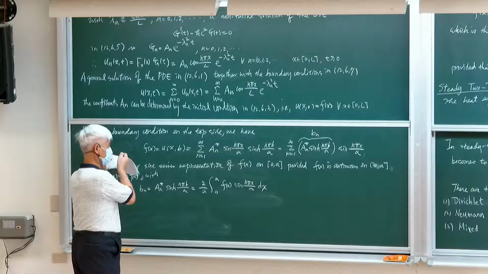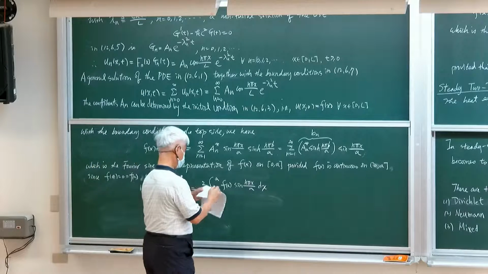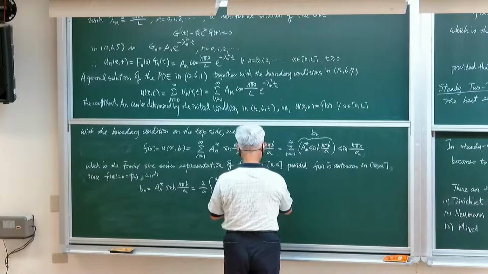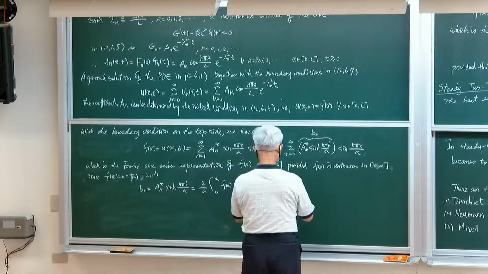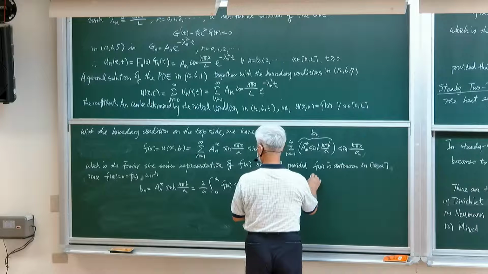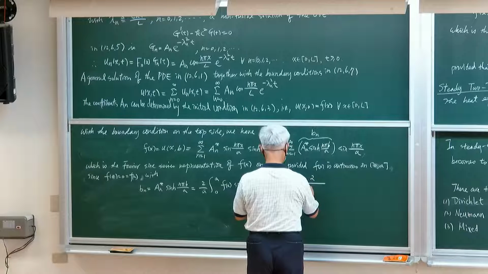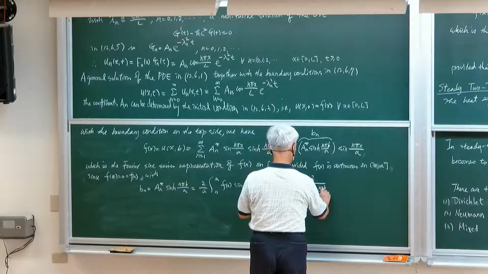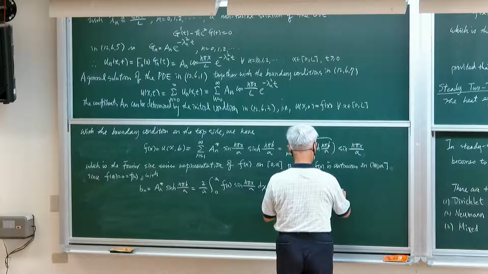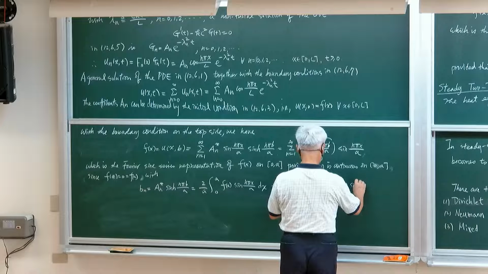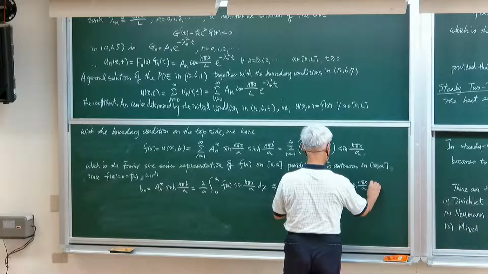So from that, we know An star is equal to 2 divided by a hyperbolic sine of n pi b divided by a, times the integral from 0 to a of f of x sine of n pi x over a dx.